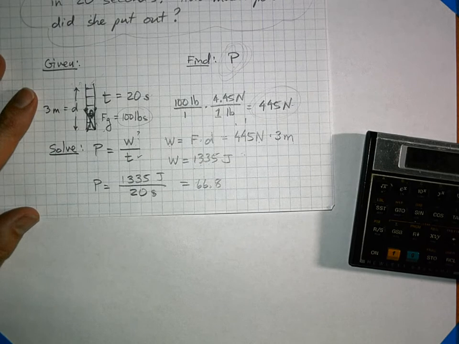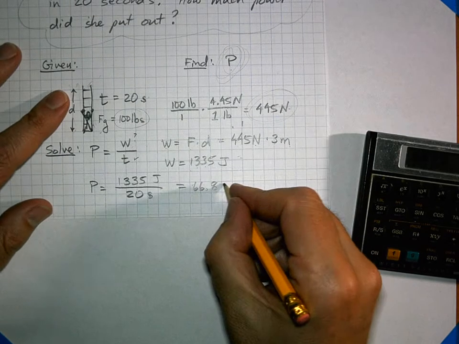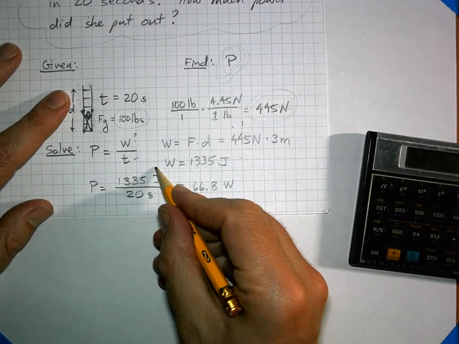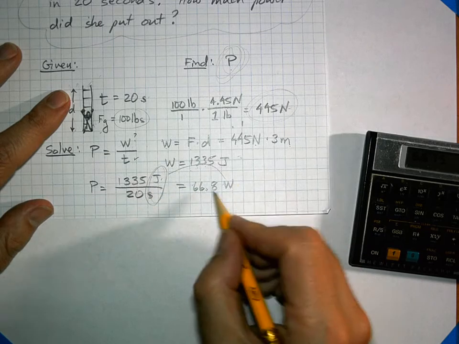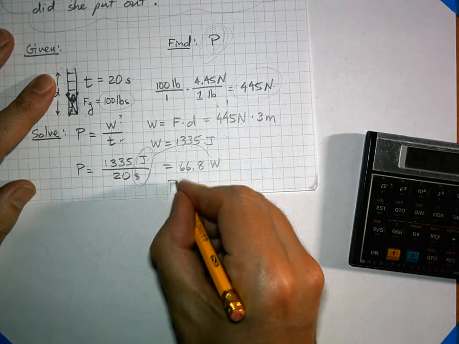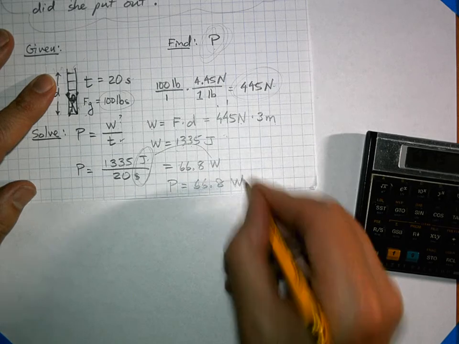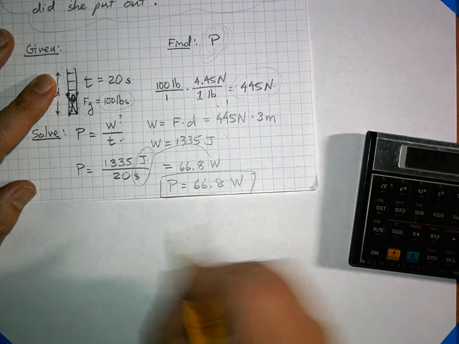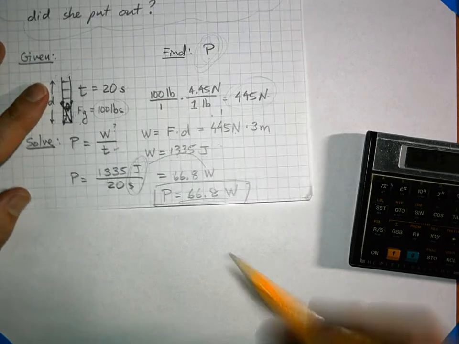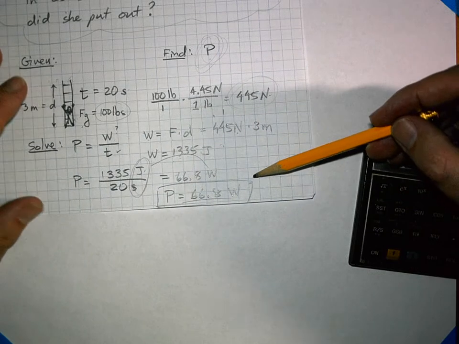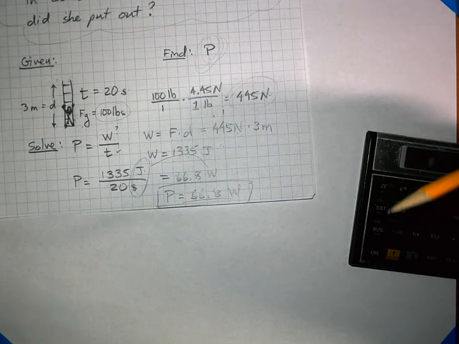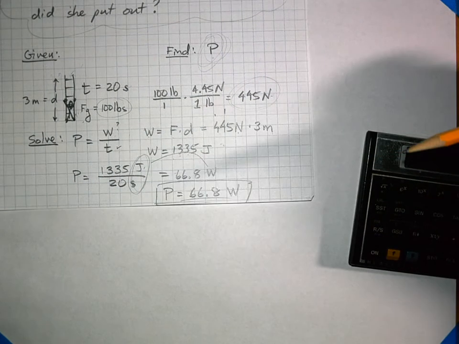Right! 66.8 watts. A joule per second is a watt. So the power is equal to 66.8 watts. That's the rate at which she had to put out energy to climb that ladder.